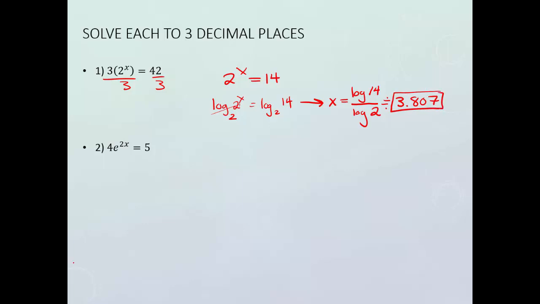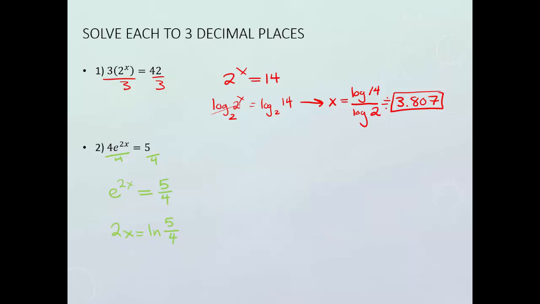Okay? This next one down here, same thing goes. We divide by 4. Divide both sides by 4. We end up getting e to the 2x equal to 5/4. So I'm going to ln both sides. We get 2x equals ln of 5/4.